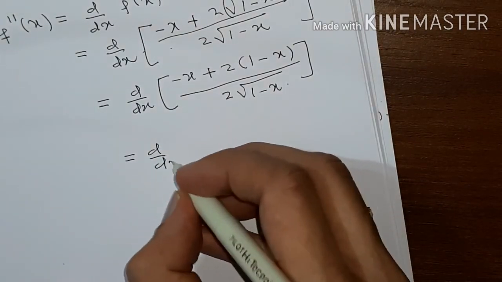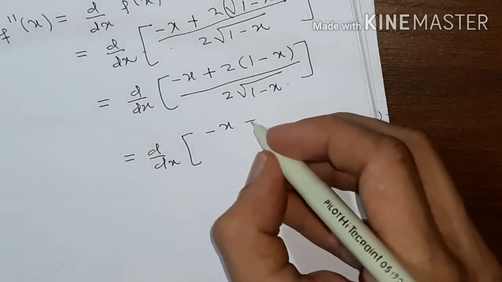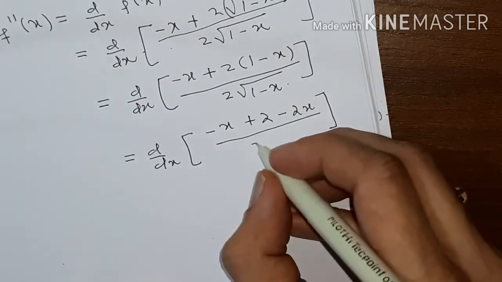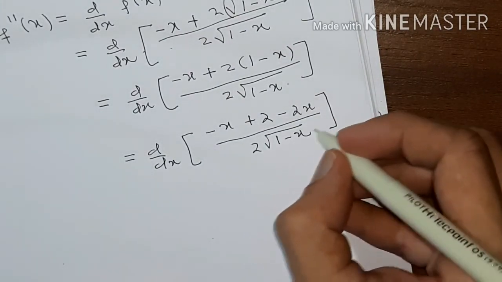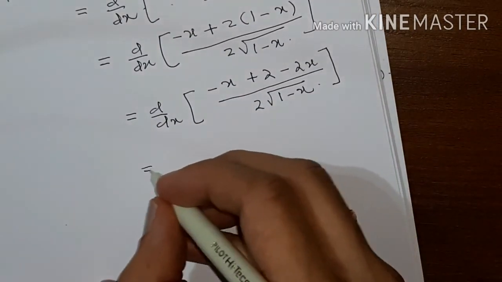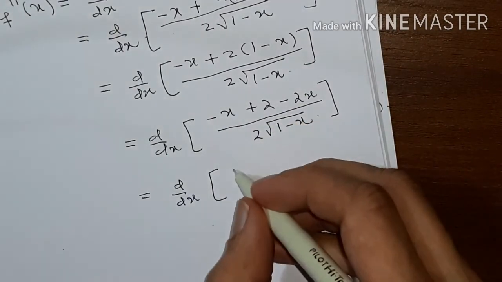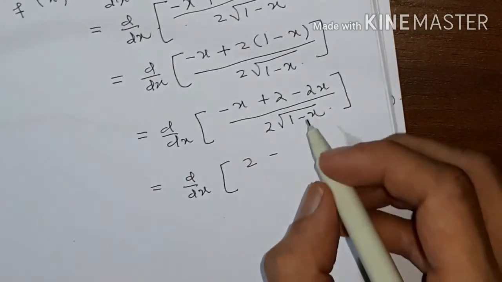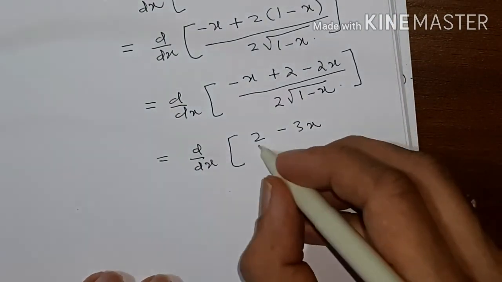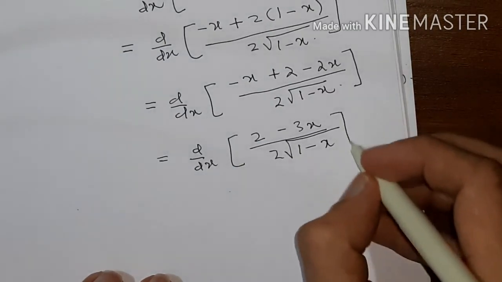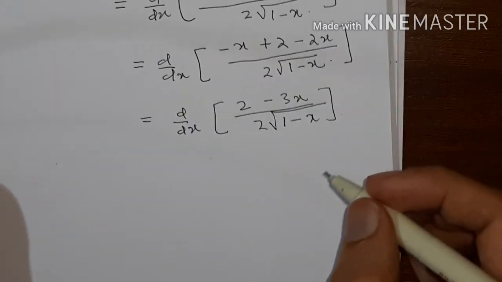So that is nothing but the derivative of minus x plus 2 minus 2x divided by 2 root of 1 minus x. So that is nothing but the derivative of what? See, 2 minus x minus 2x is minus 3x, right, divided by 2 root of 1 minus x.